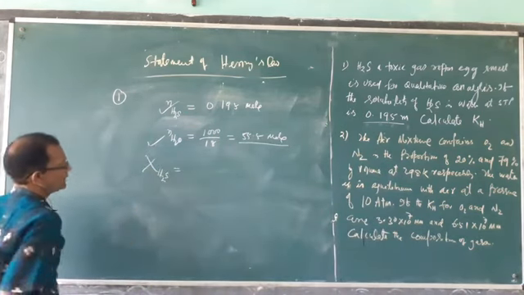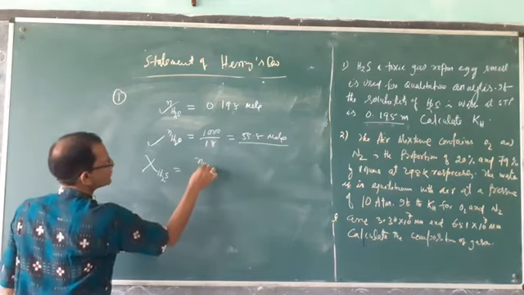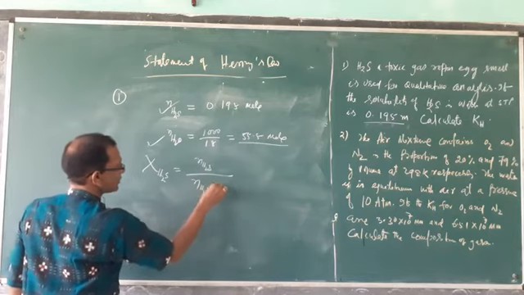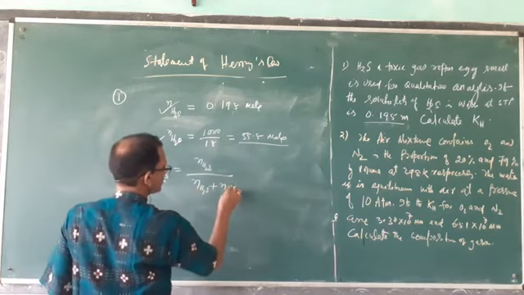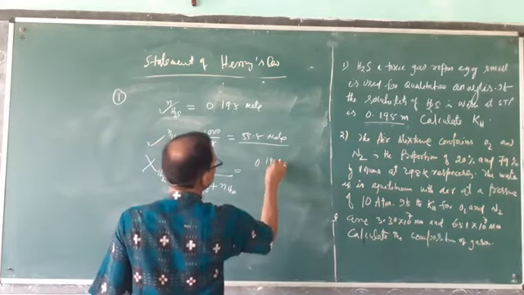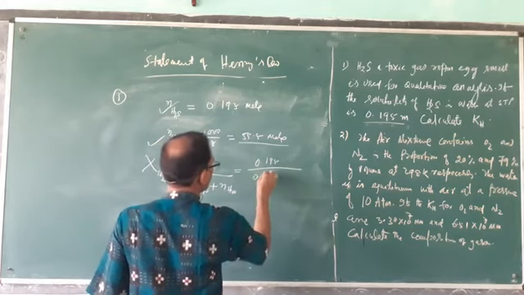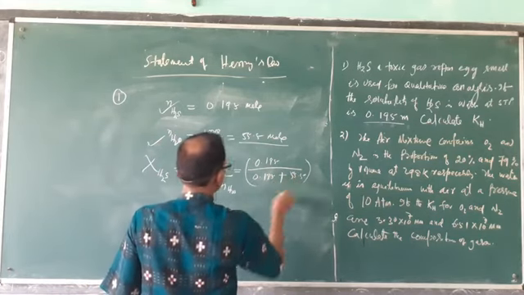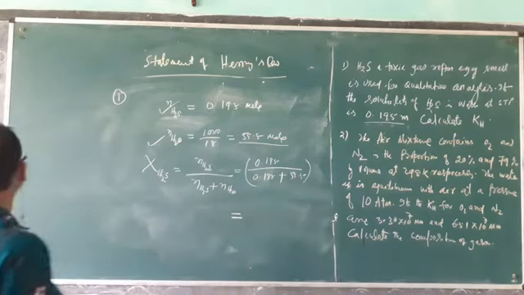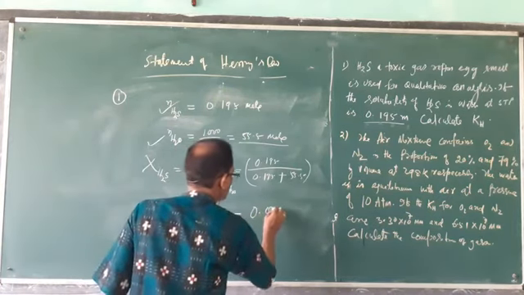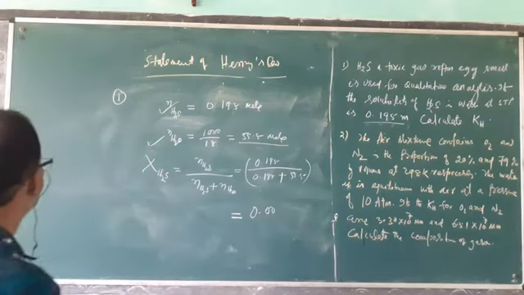As per the formula, n of H2S upon n of H2S plus n of water. If you put in the values, 0.195 upon 0.195 plus 55.5, what will the answer be? The answer will be 0.0035.